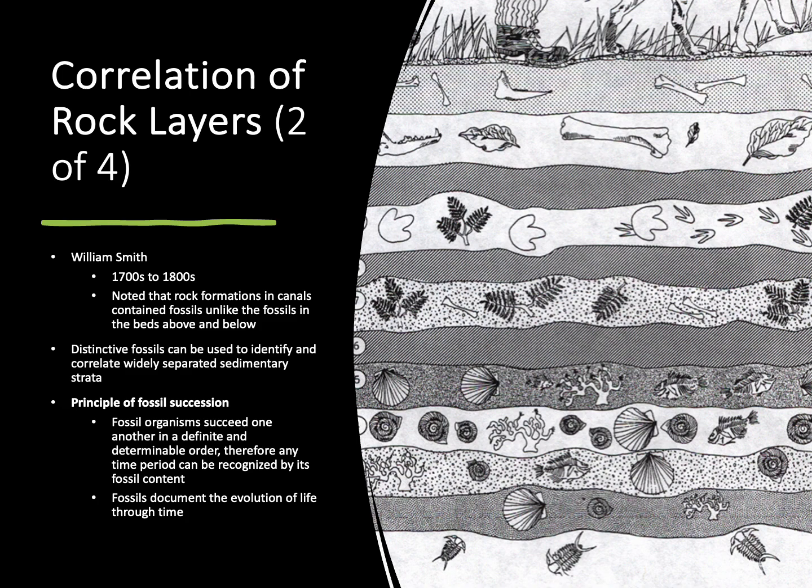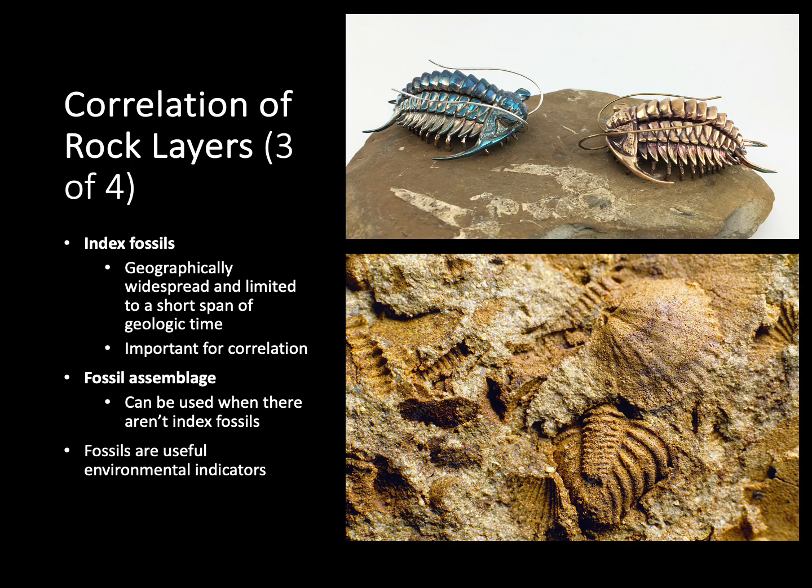And the best way to do this is through index fossils. There are lots of different types of fossils out there, but index fossils are the best at helping us quickly figure out a time period that a rock or sedimentary layer could have possibly formed. That's because index fossils are organisms that are geographically widespread.